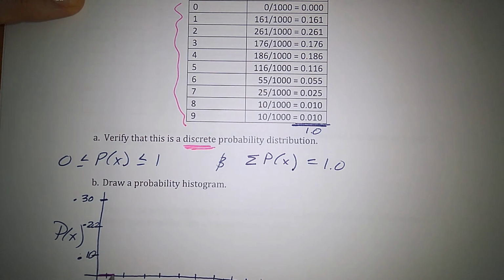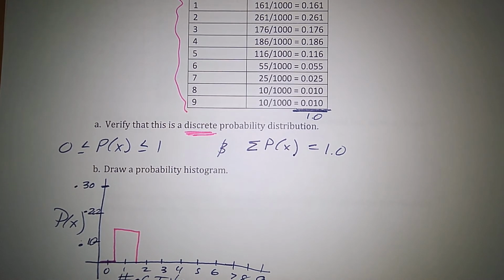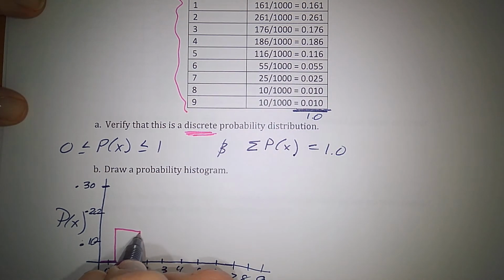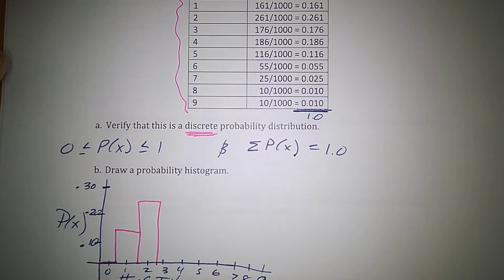So I'm going to draw a bar that is going to be 16% tall on my graph. What percent has 2 TVs? And you can see the answer is 26%. So I'm going to draw that bar 26% high, and so on. So at this point, I'd like you to finish the rest of this histogram by pausing the video now.